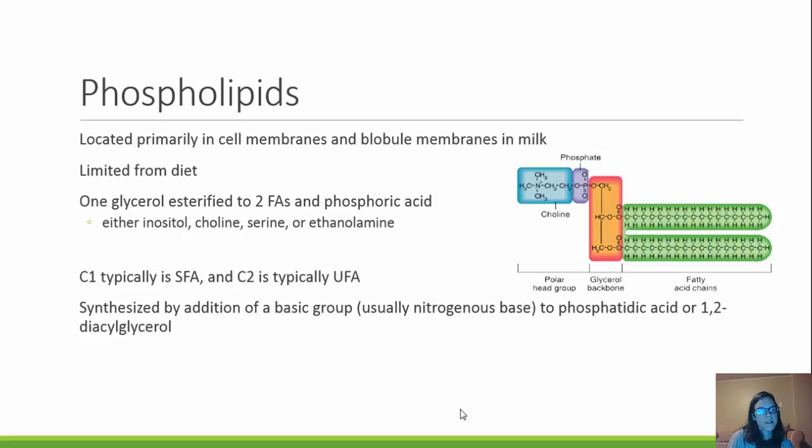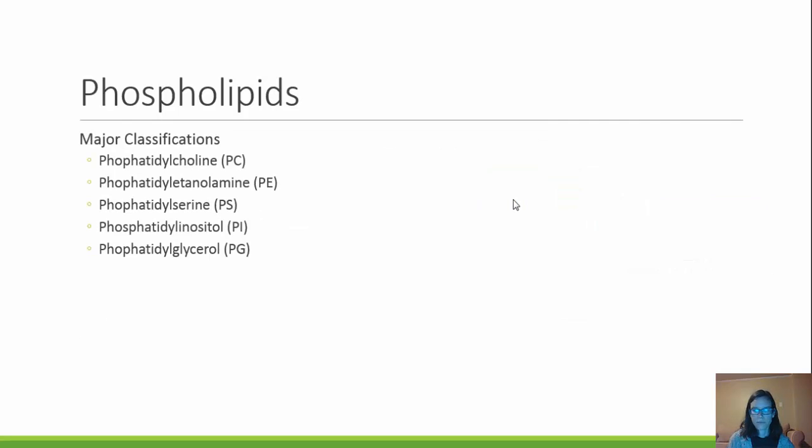The C1 is typically a saturated fatty acid, where C2 is typically unsaturated, and it's synthesized by the addition of a basic group, usually a nitrogenous base, to the phosphatidic acid, or 1,2-diacylglycerol. And here are our major phospholipids that we're going to go through. We have phosphatidylcholine, and then ethanolamine, serine, inositol, and glycerol.